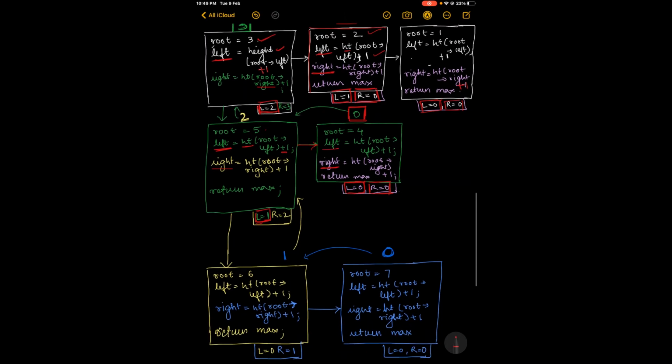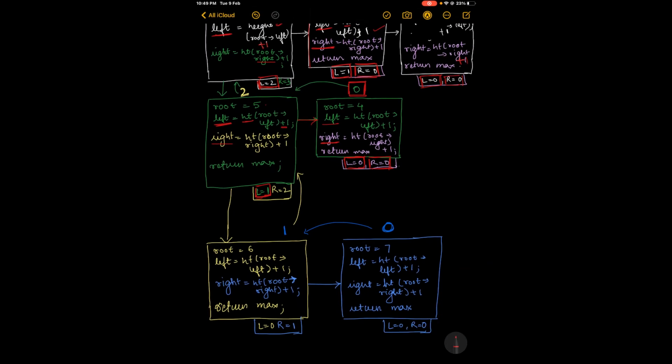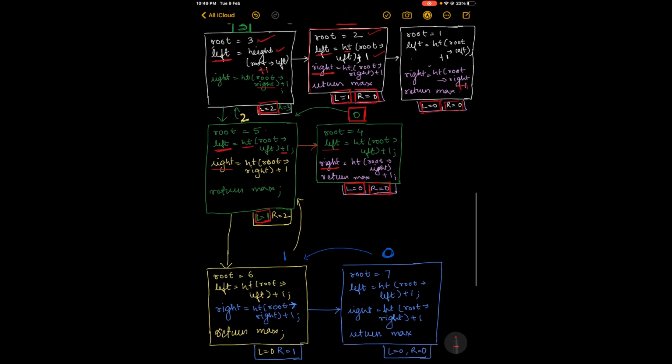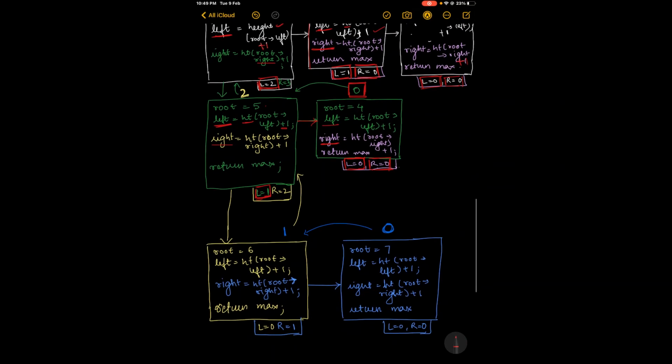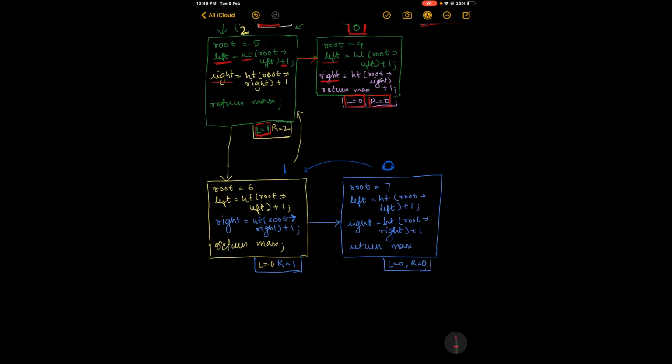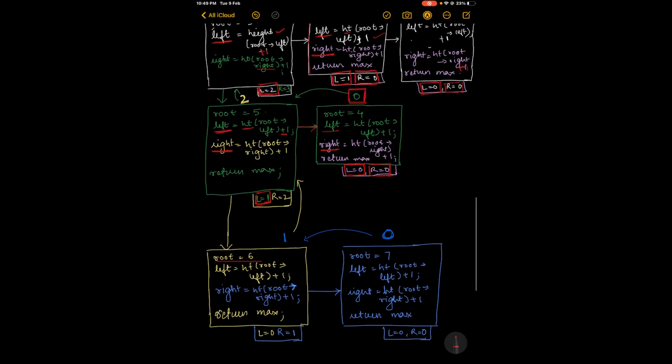Next, once this left variable is done, we'll move on to the next step, that is right is equal to height root right plus 1. So the right child of 5 from the diagram is 6. So as you can see, this root equals 6 has originated from this right variable, right? So root equals 6, left is equal to height root left plus 1.